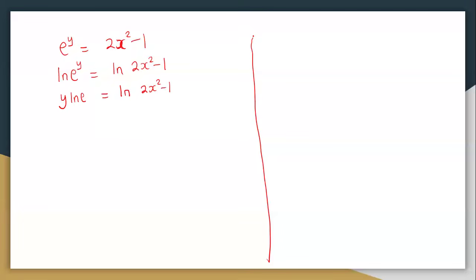But like I've told you, natural log means log base e. So when I have ln of e, it is the same as having log of e base e. Remember from your chart, what is log e base e? From your logarithms.